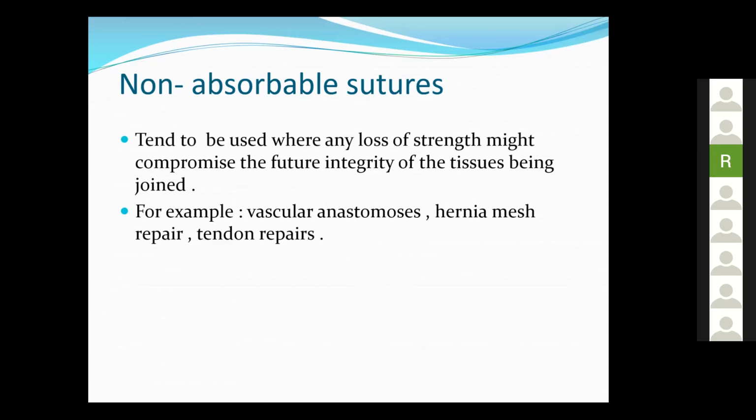Obviously for vascular anastomosis, we do not want the suture material to be absorbed before our vessels have completely healed together. So for all vascular anastomosis, for hernias, for midline laparotomy wounds, for tendon repairs, we want the suture to remain there. So we use non-absorbable suture materials there.